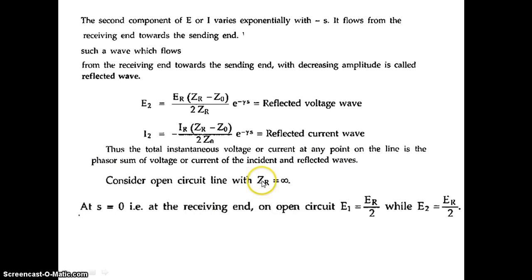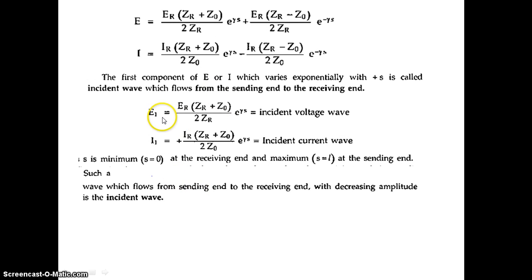Consider an open circuit scenario. So ZR equal to infinity, since for an open circuit the receiver impedance is infinite. Substitute S equal to 0 in the expression for E1. This term will become 1, and since ZR is infinity, divide numerator and denominator by ZR: we have ER into (1 plus Z0 by ZR).